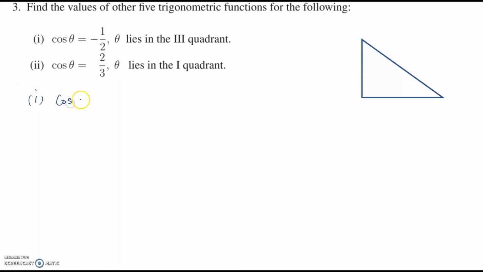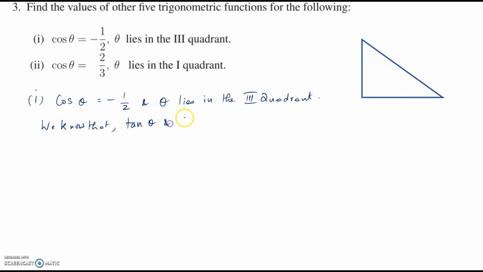Given cos theta is equal to minus 1 by 2 and theta lies in the third quadrant. We know that tan theta and cot theta are positive in the third quadrant.